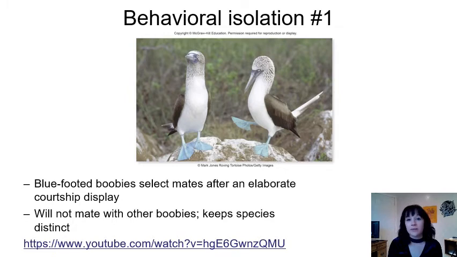You can watch their behavior in this video that I've linked below, right? So if a female blue-footed booby sees another species that doesn't have blue feet, and it doesn't do the dance where it lifts its feet up, she won't mate with that other species.